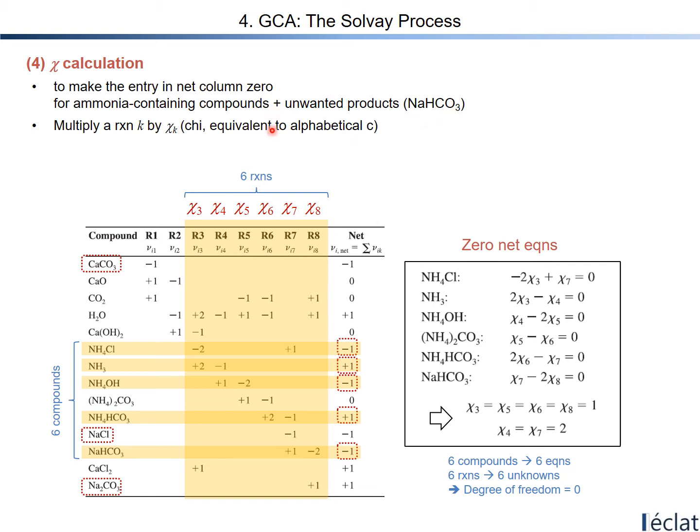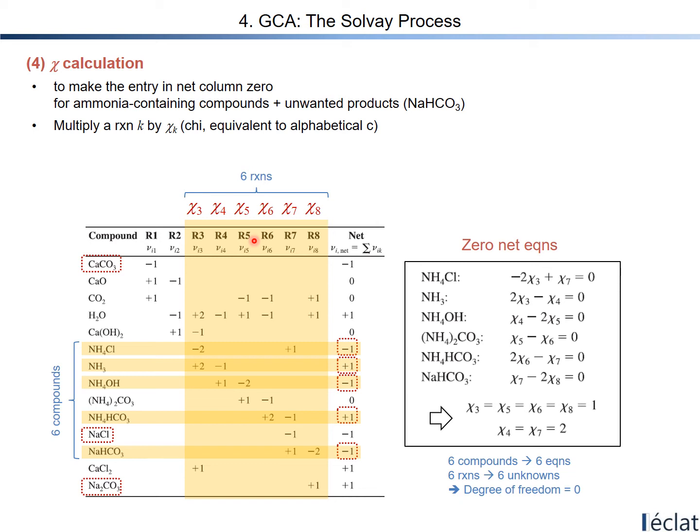So let's go back to the matrix or table, the stoichiometric coefficient table, and still we have the list of the compounds and reactions. One different thing is this one, chi values. Chi value is a kind of weight factor for each reaction. Chi 3 indicates the weight factor for reaction 3, chi 4 for reaction 4, chi 5 for reaction 5, something like that.